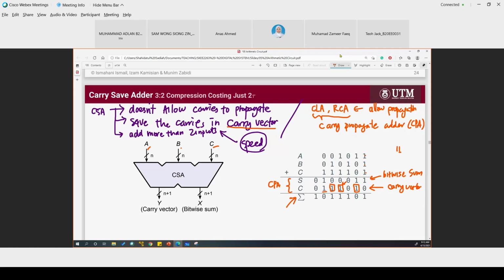And this is the total sum when we add the bitwise sum and the carry vector using the carry propagate adder, right? So we just add it normally. So this is 1, this is 2 here, because we propagate this time, right? We can propagate, means we can ripple. 1, 1, 1, 1, 1 here, and 1. Right? So that is how we implement it. That is the process of the carry save adder.